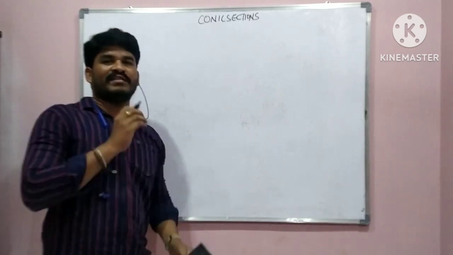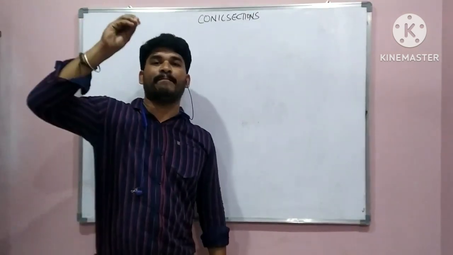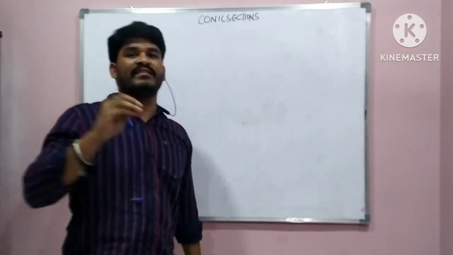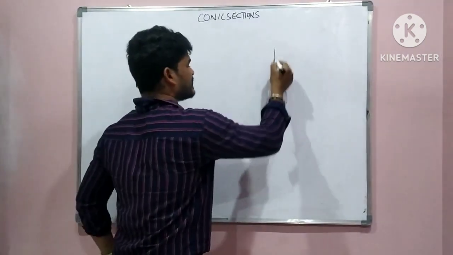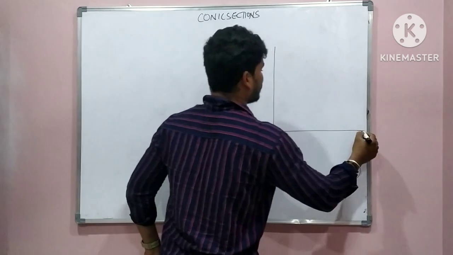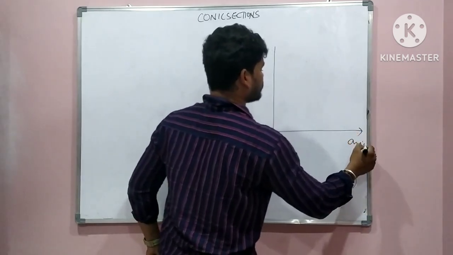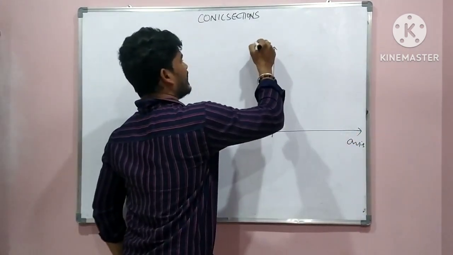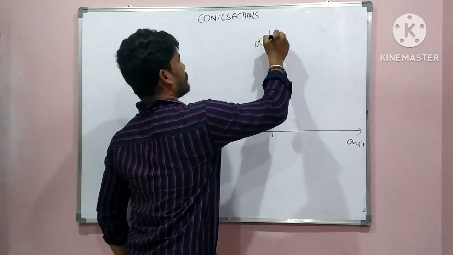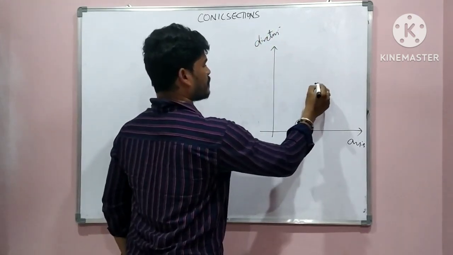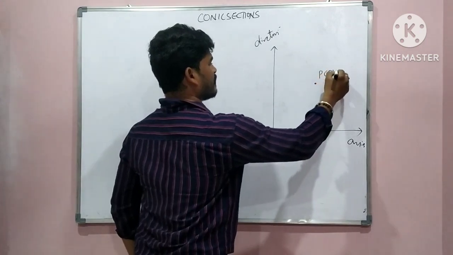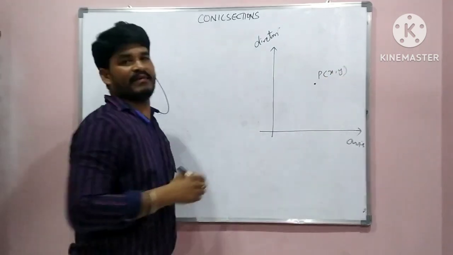The conic section is a set of points on a plane defined by a locus point. Here, this is the axis, and these are the directrices, which are straight lines. Assume that one point is P(x, y) lying on the plane.